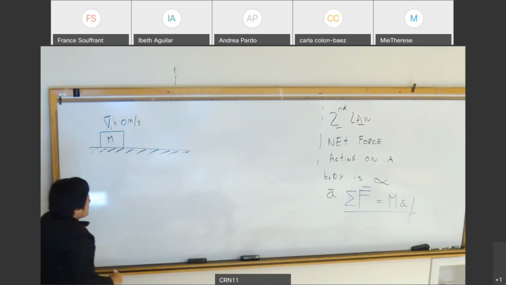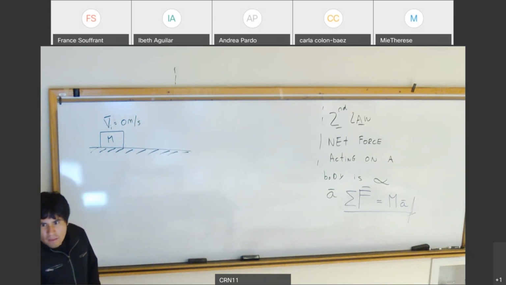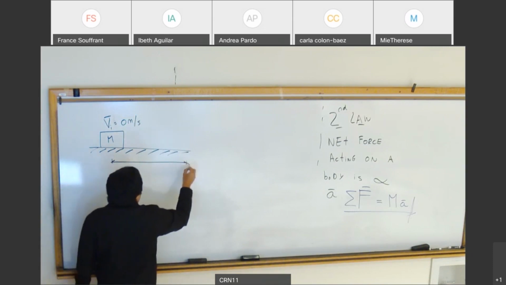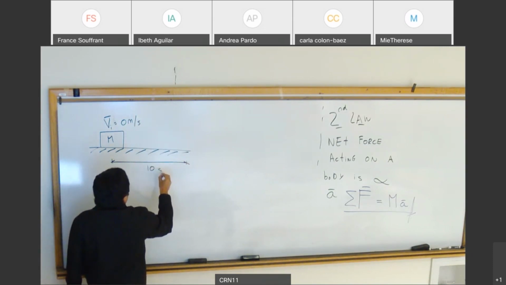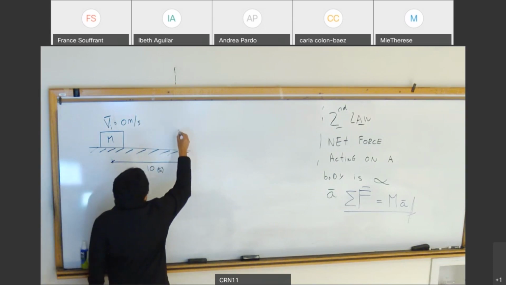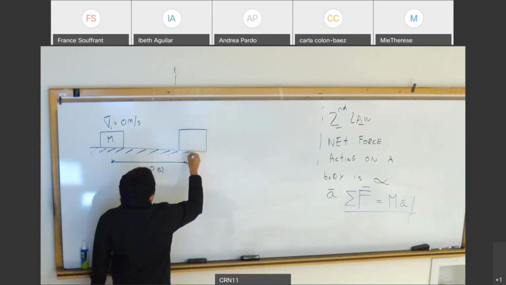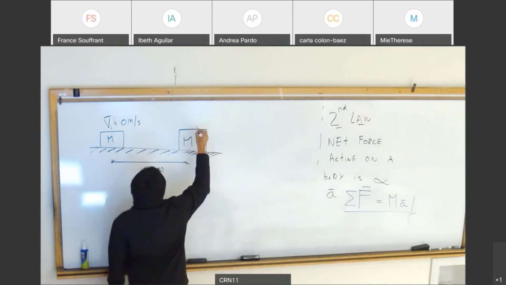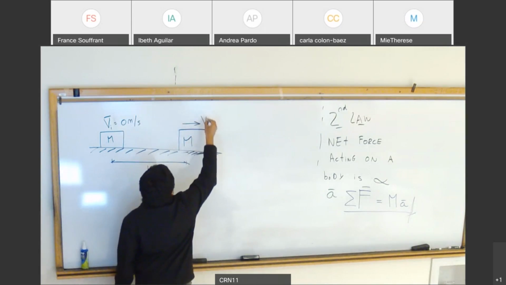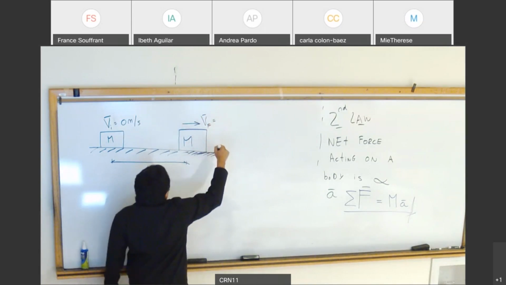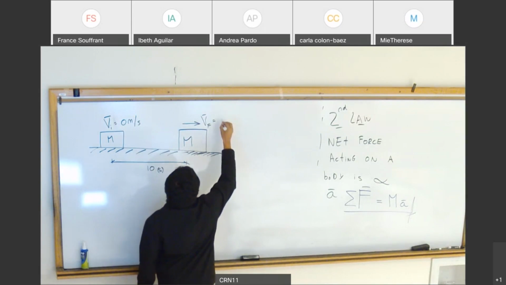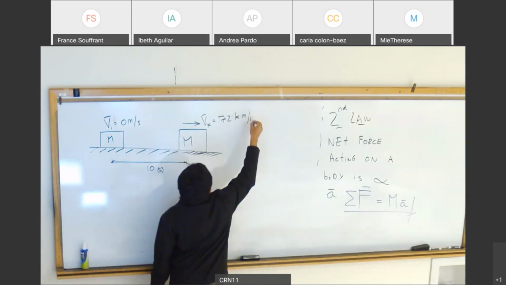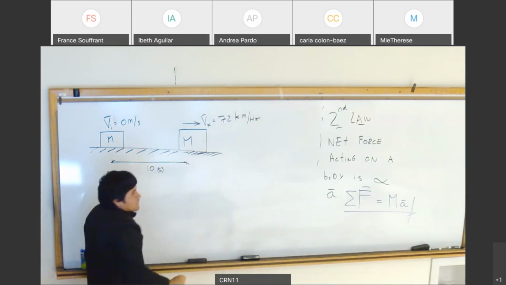This is at rest. In 10 seconds, the object will achieve a velocity of 72 kilometers per hour. I'm going to do a review with you today, combining the units a little bit.